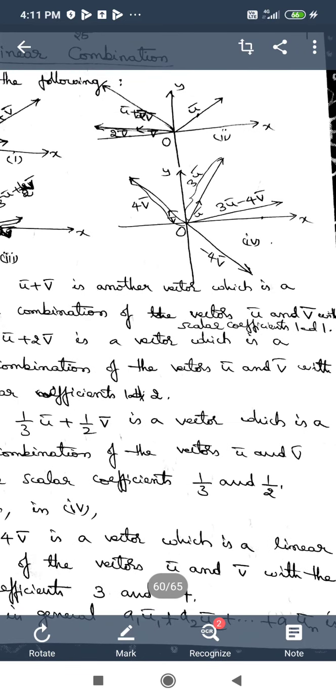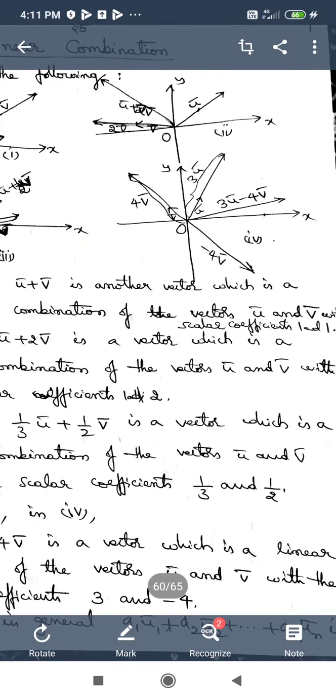In this we can see again a u bar vector which is in the xy plane, positive first quadrant, and v bar is a vector in the x dash y plane, consisting of the negative x-axis and positive y-axis, and in that plane v bar is given.